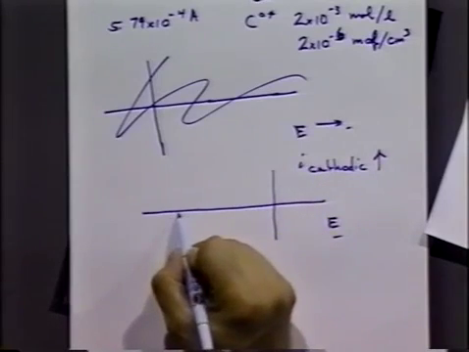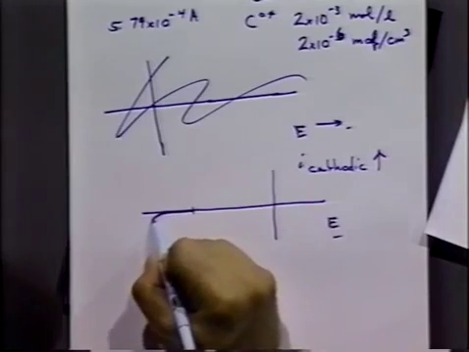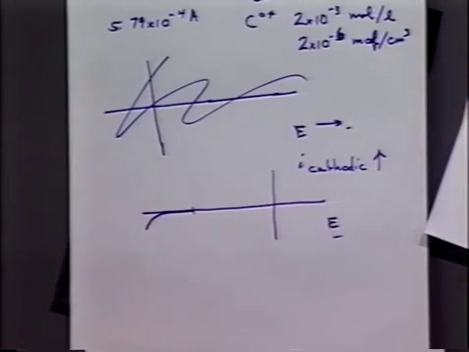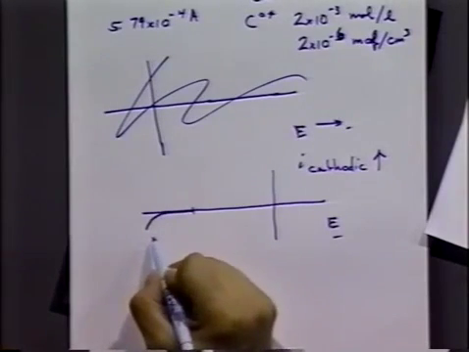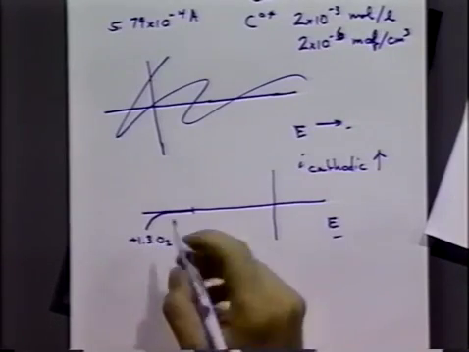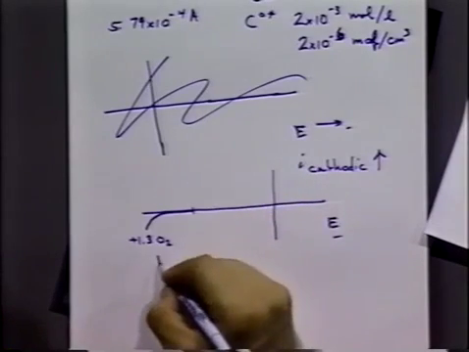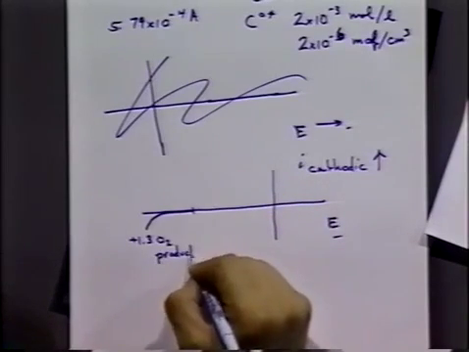Well, I won't be able to draw it exactly right, but first of all, we can think about perhaps having a little bit of a curve here for oxygen. That would be oxygen production by water oxidation.